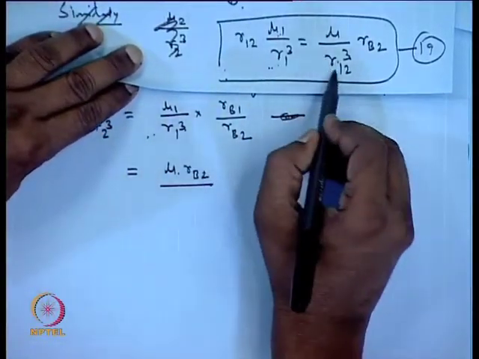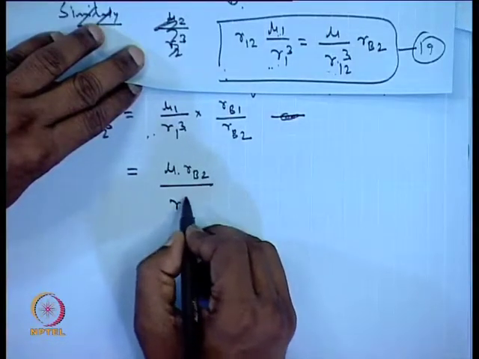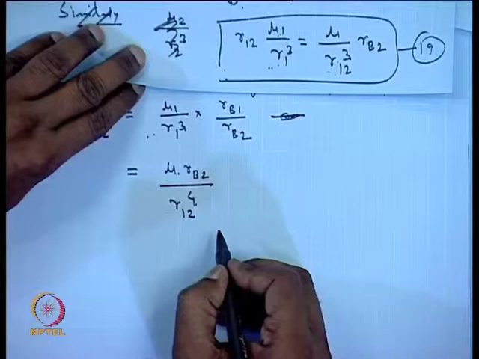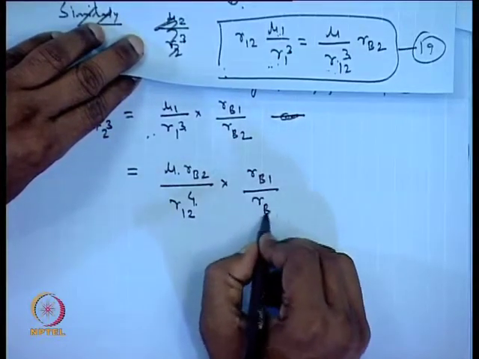So, this comes in terms of mu times r b 2 divided by r 2 to the power 4 times r b 1 by r b 2.